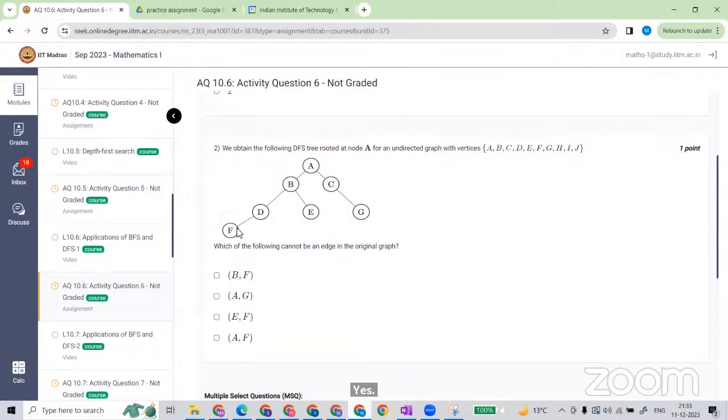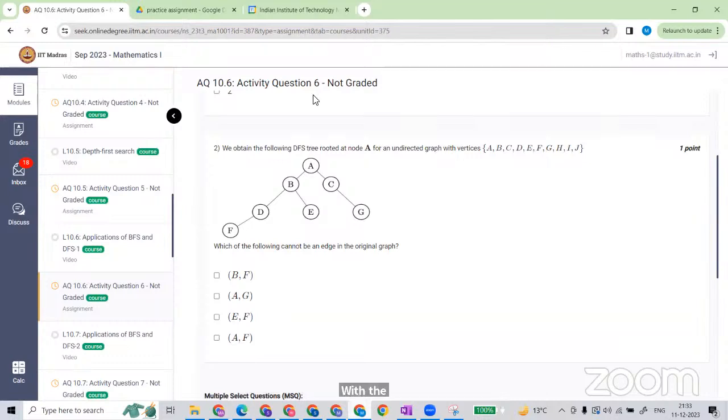But in DFS, we have an edge only within the same branch. So EF is not possible, as E and F are in different branches. We do not connect edges between different branches.